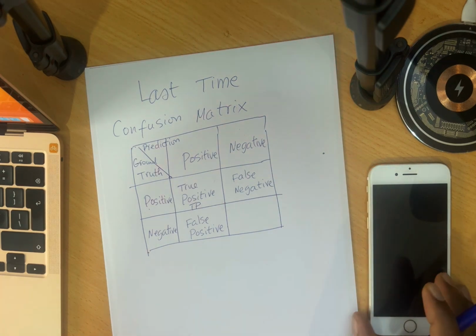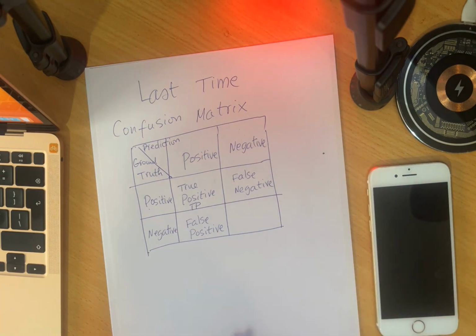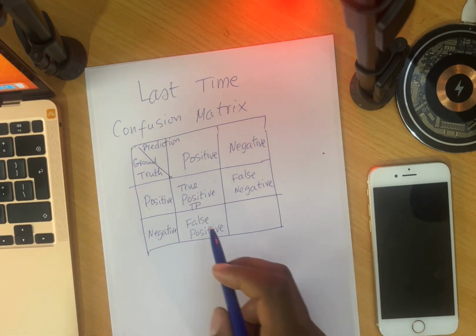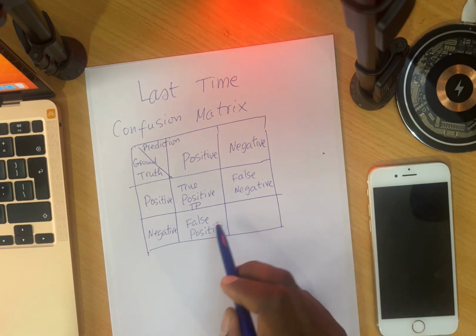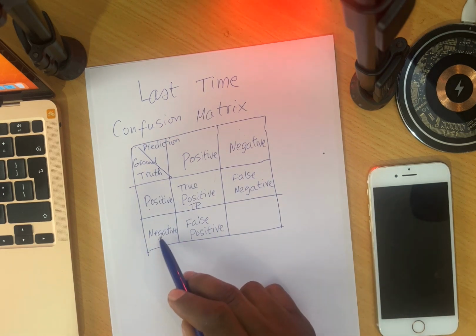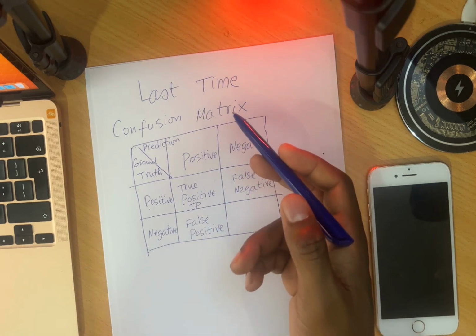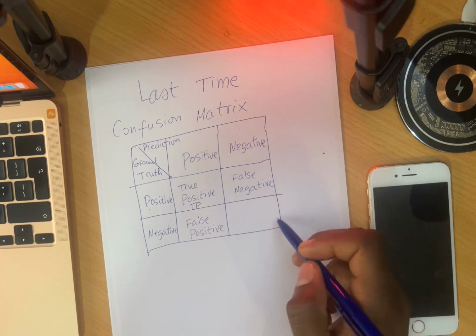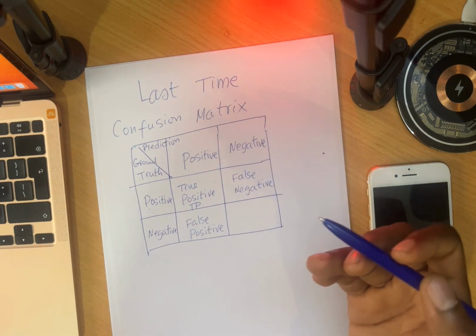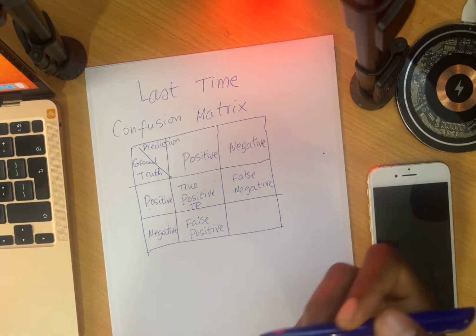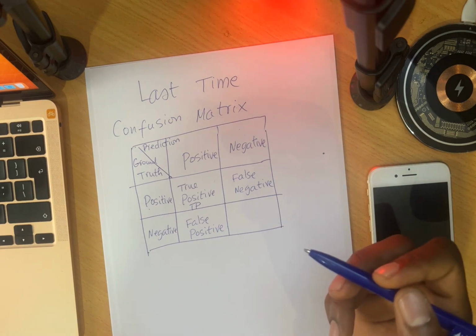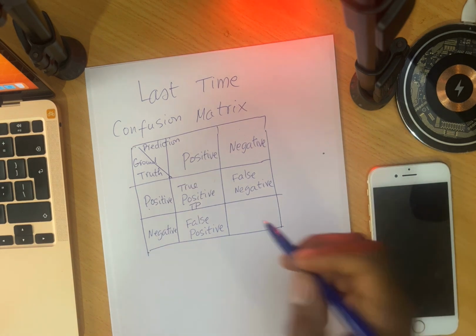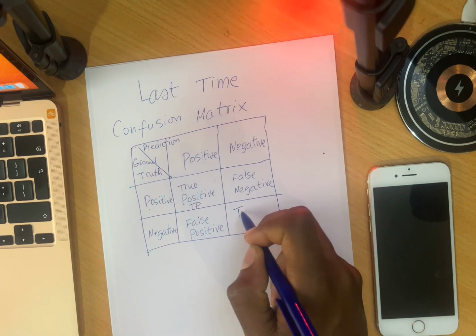Or let's say I don't see an object and the model doesn't see it either. That's good, that's great. That's a true negative.